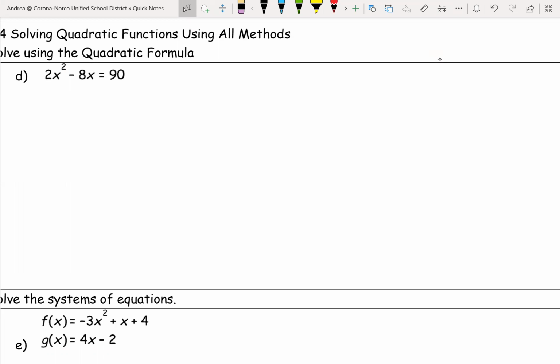The quadratic formula is probably the best way to solve a quadratic because it works all the time. You can't always factor, but you can always use the quadratic formula. So please, if you learn one way to solve a quadratic, learn how to use the quadratic formula. Very important. So step 1, set equal to 0.